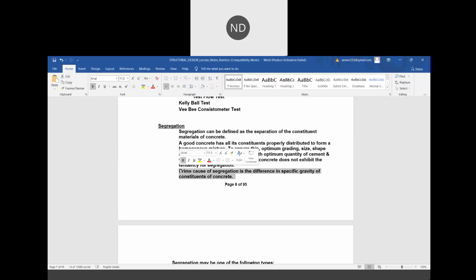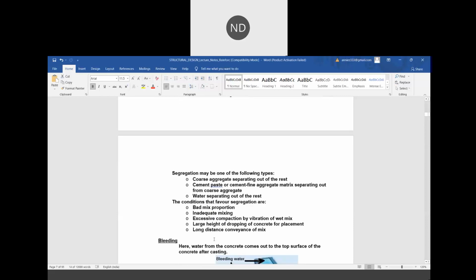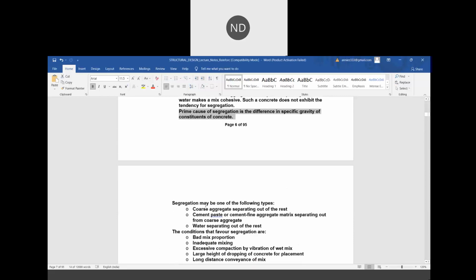That means the aggregate cement mixture gets separated from that member. That is called segregation. Why does that happen? Because the main cause is the difference in the specific gravity of the constituents. The materials used have different specific gravities, and because of that this happens sometimes.